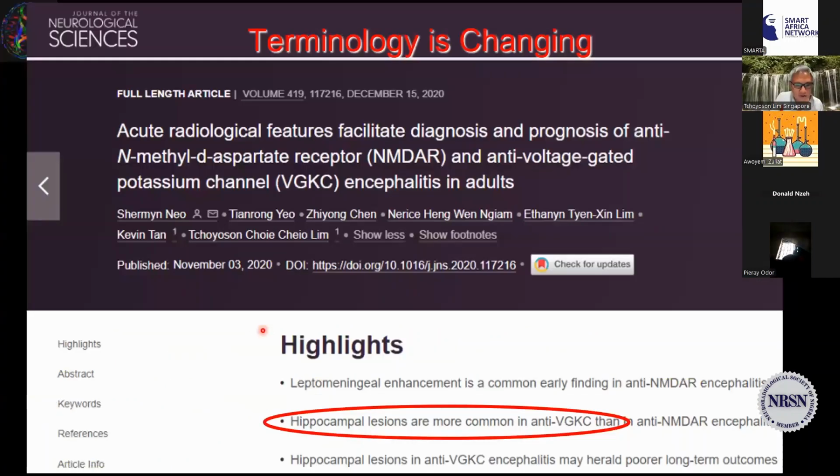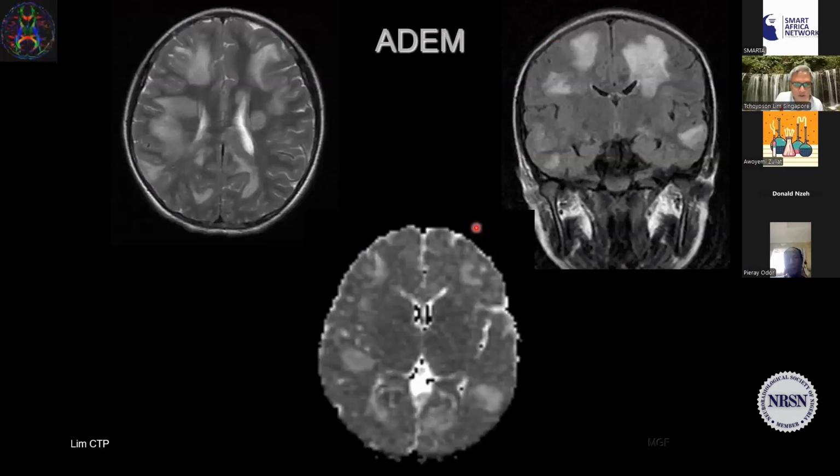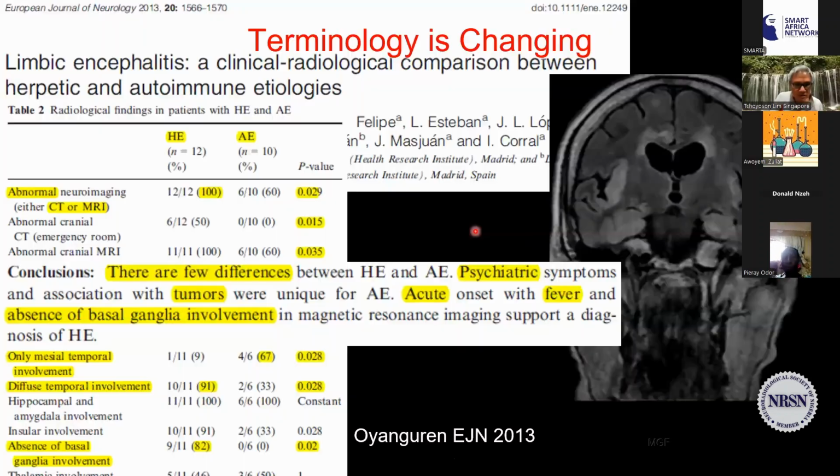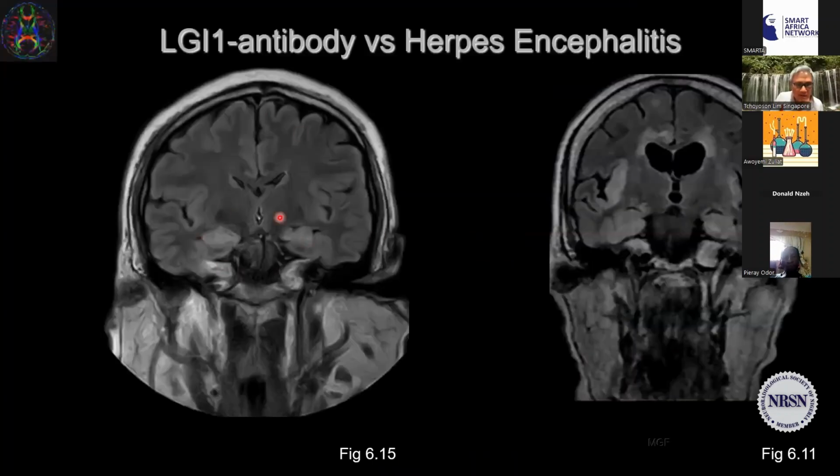So the terminology is changing. Just 4 years ago, we published that this disease was called VGKC. Now, VGKC has been identified as LGI1 and a different Caspr marker. So the LGI1 is the pattern that we associate with this bilateral hippocampal high signal intensity on FLAIR.